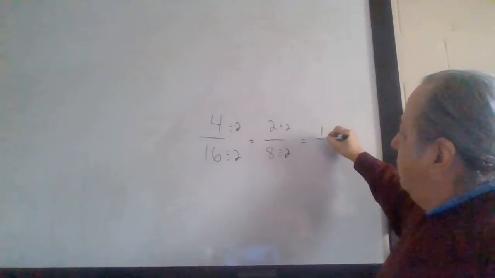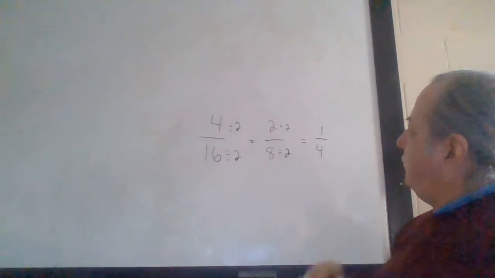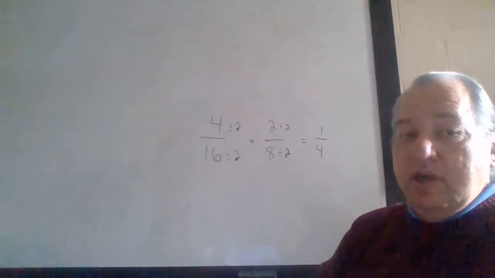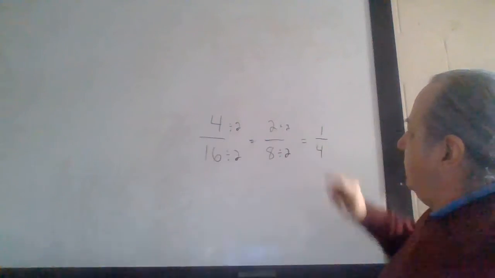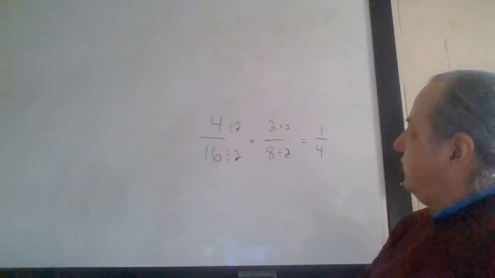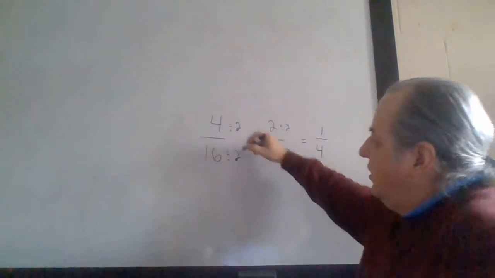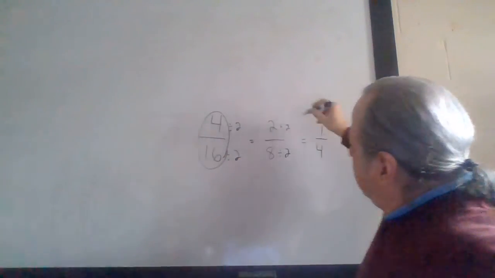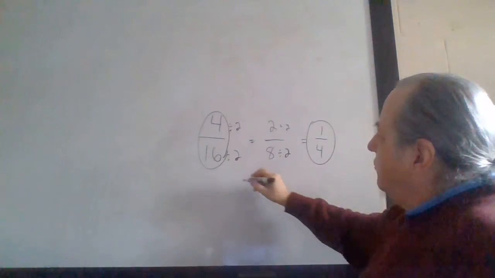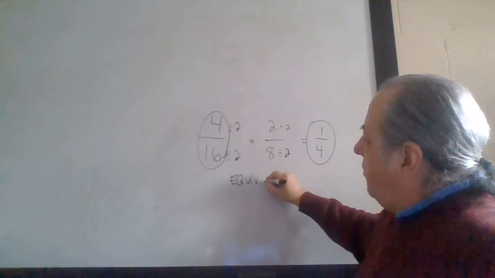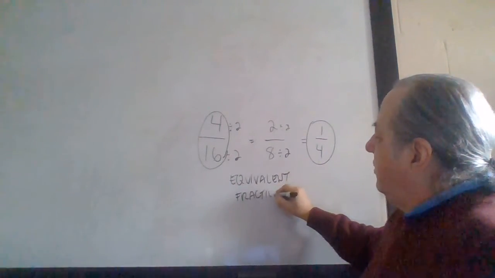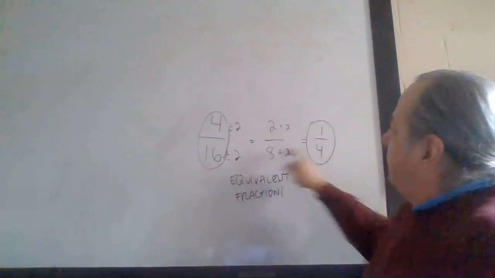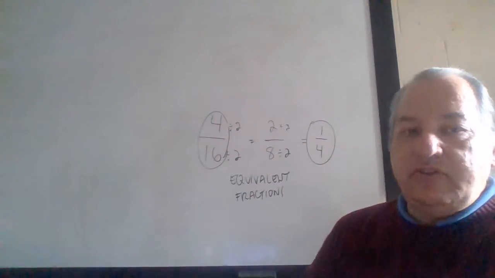And 2 divided by 2 is 1. 8 divided by 2 is 4. And 1 over 4 is in a simplified form. There is no number that can divide both into 1 and 4 to reduce it any further in terms of whole numbers. And so 4/16 reduced down to 1 over 4, those are called equivalent fractions because even though the numbers are different, the value is the same.